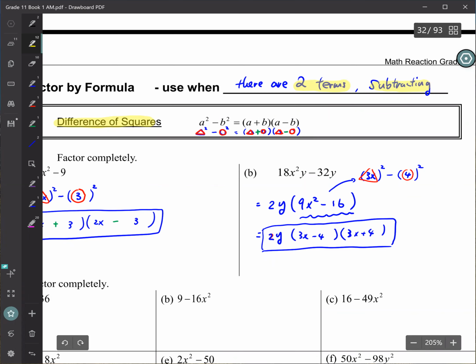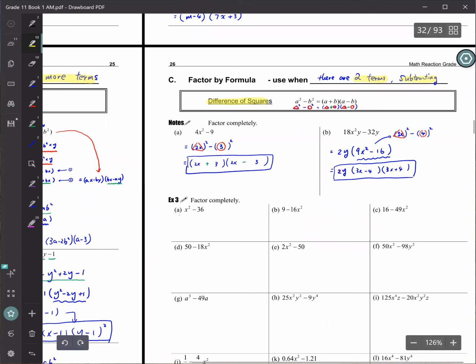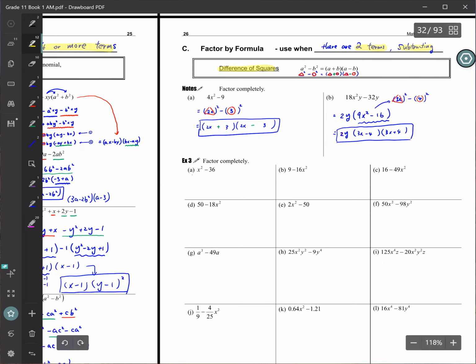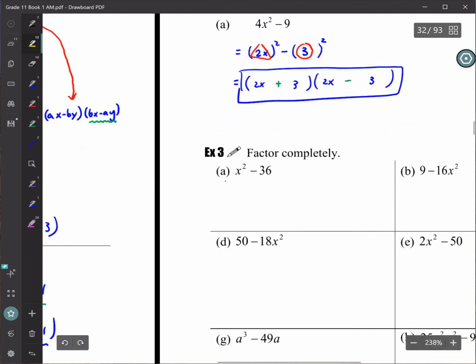So there's one question in the homework that's not subtracting. You could factor a negative out, or swap the order, to make it subtracting. Let me see, for example, like this one.